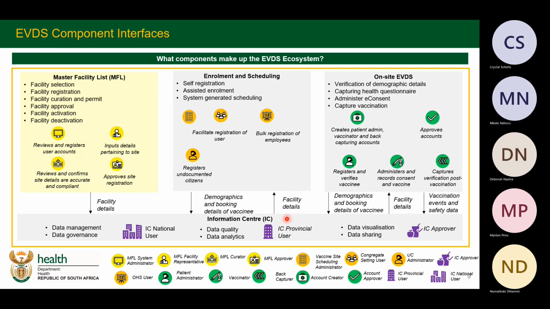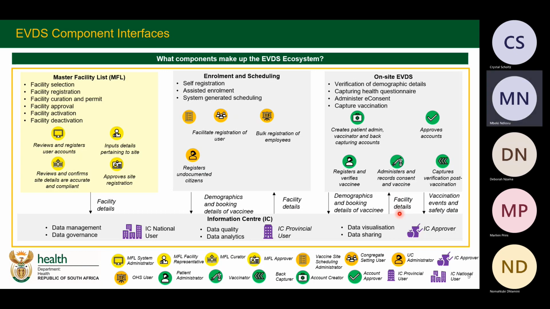And most importantly, we can see that there are arrows here to show that there is transfer of data between components, facility details moving from MFL into the information center. They also move from the information center into enrollment and scheduling, the same facility details, and they also move into the on-site EVDS here, as we can see.